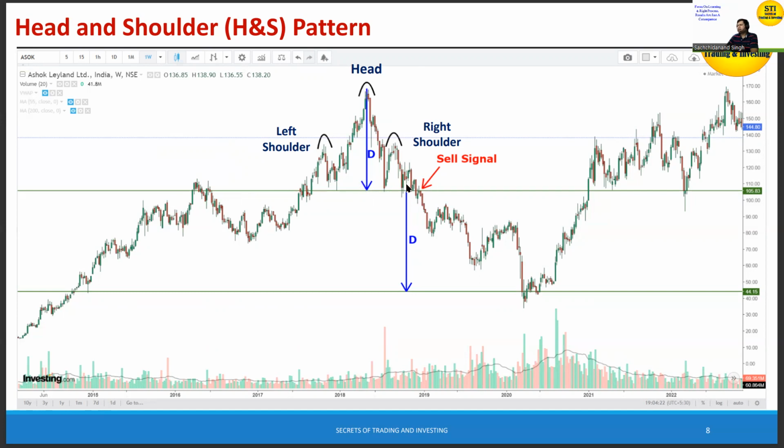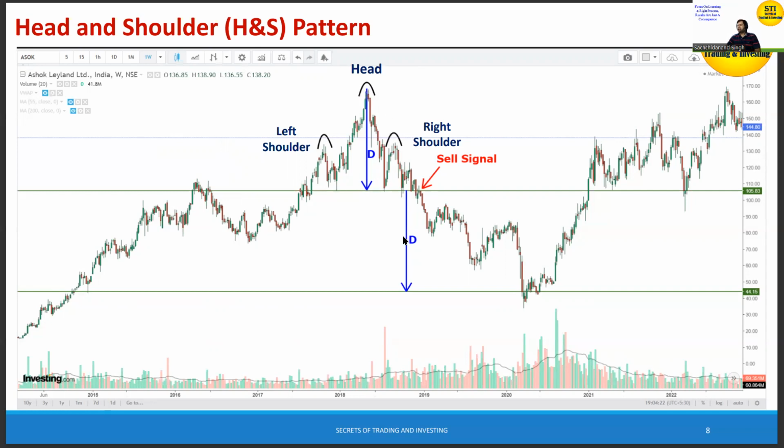Once the neckline has been broken, this neckline, which was working as support, gives you a target equal to D, and that D is already known by connecting the top of the head to the neckline.